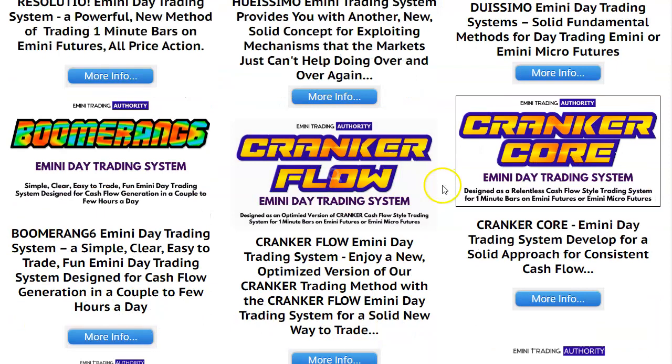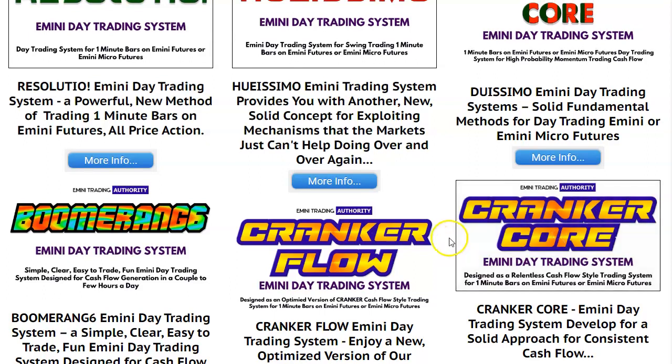Cranker Flow is not all price action. It has a little help, like Boomerang. Cranker Core is, I mean, brutal price action. It's smashing out, and it produces this consistency, which is just so solid.